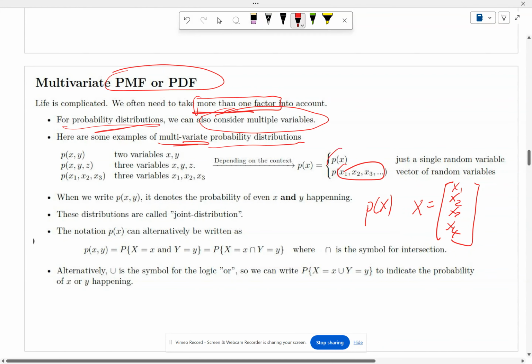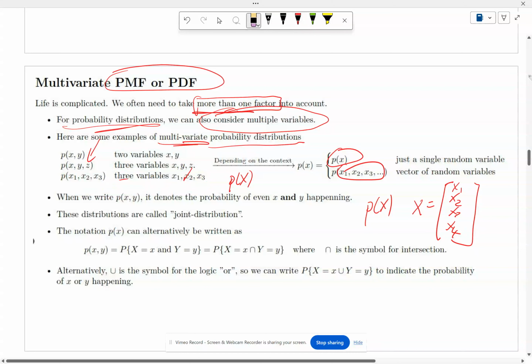So depending on the context, when you have just one, it could be really just one variable, or a representation of a vector of variables. Very often, if you only have a couple, like 2 or 3, you will write it out. But if you have 100, it gets really cumbersome to write x all the way to 100, so you represent the whole thing as just P of x. That's the reason why x could be both one or multiple.